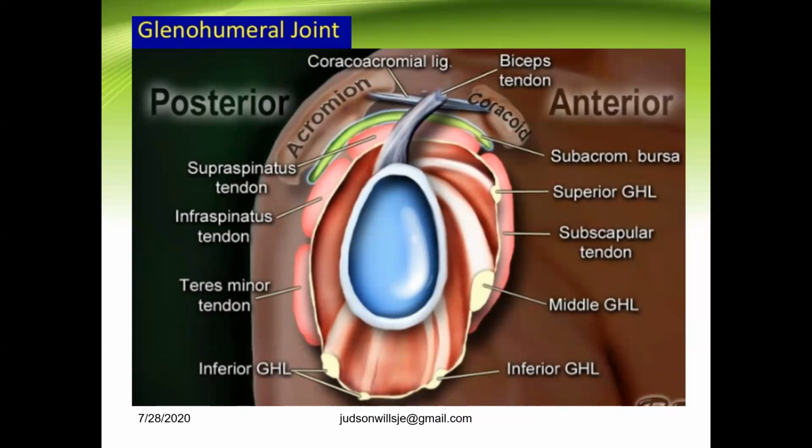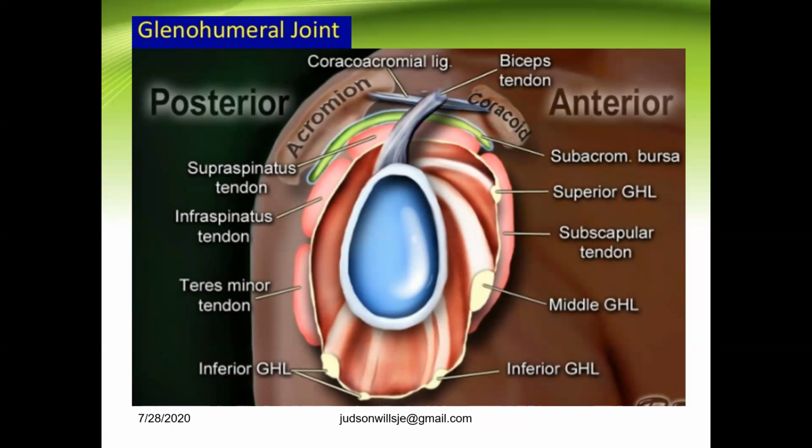There are three ligaments. One is the superior glenohumeral ligament, the next one is the middle glenohumeral ligament, and the inferior glenohumeral ligament, and you can also see the subscapularis tendon in the anterior portion.